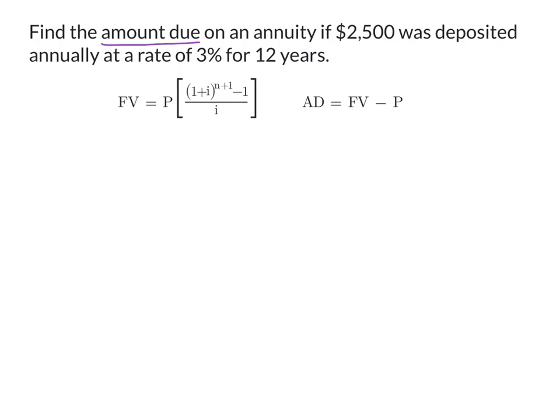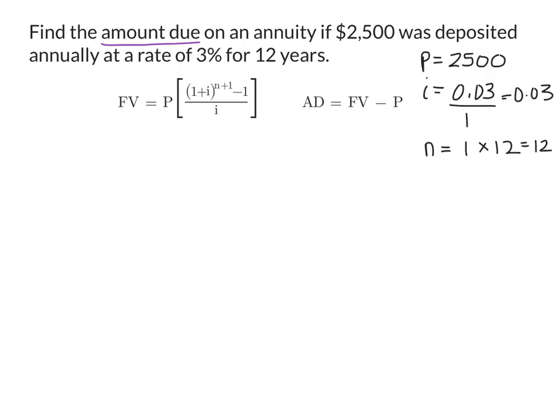So first, we'll identify the values for P, I, and N and plug them into our formula for future value. Next, we'll plug the value we find for future value into our formula to find AD. Our value for P is $2,500.